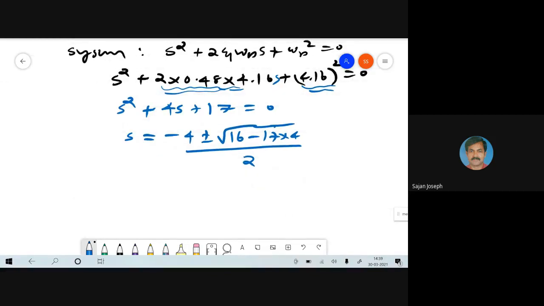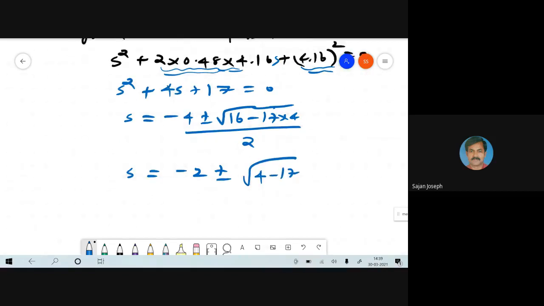Calculating, you will get s is equal to -2 plus or minus j root 30. These are the roots of the second order equation.